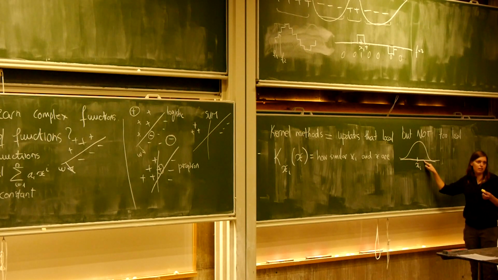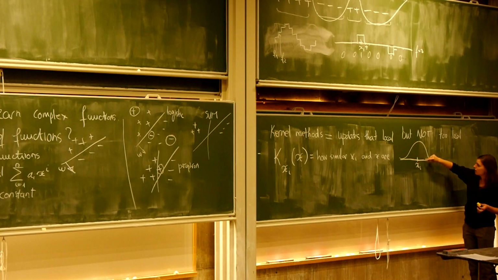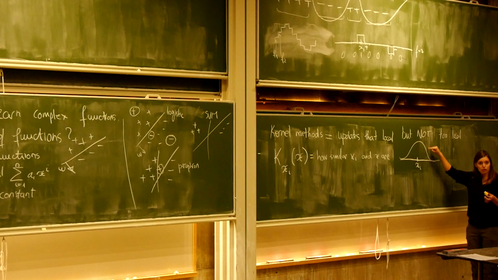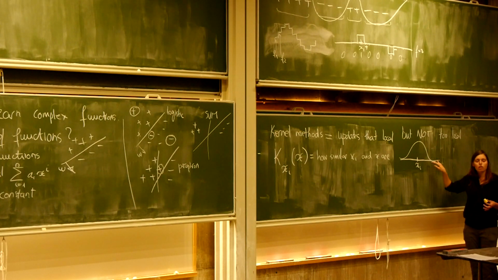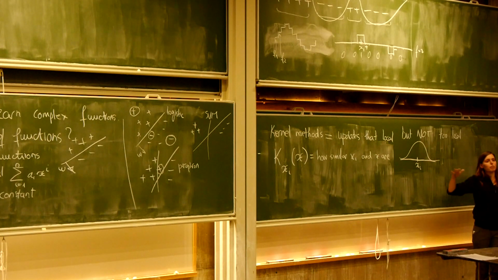If you're kind of close to xi, the function returns a reasonably big value. And if you're over here, you're really, really not similar. That's why a lot of functions that are kernel functions look like this, like a Gaussian. You've seen other distributions too, and maybe they'll be more peaked or less peaked, but it's a good way to think about them as blobs.